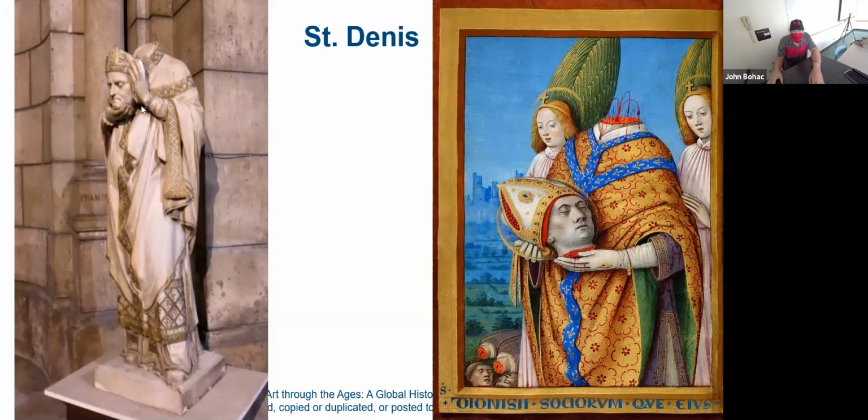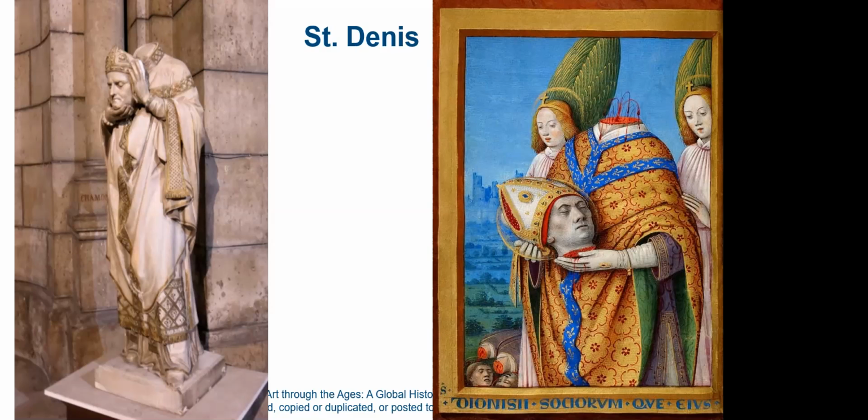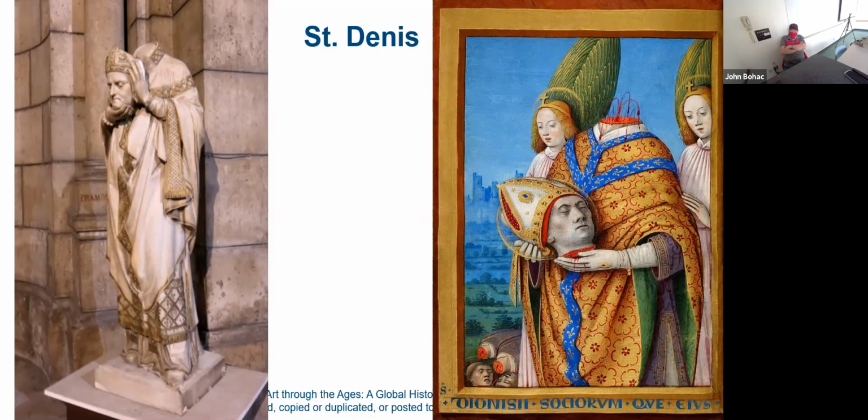Here's a picture, here's something from an illustrated manuscript. And here is a statue, Saint Denis. What do you notice about this? He is decapitated, and that is not normal to be depicted like that.